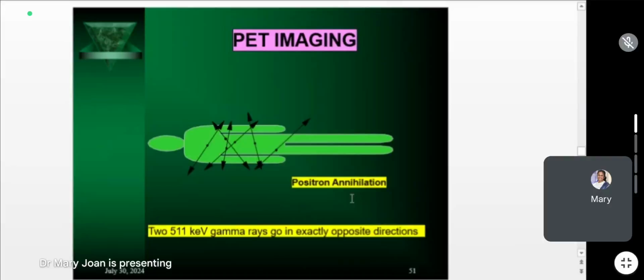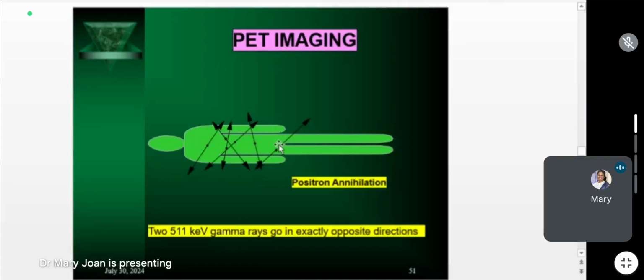So this is what is happening in PET. Once the radio tracer is injected into the patient, radioactivity goes all over the body by the blood circulation. Wherever there is more metabolism taking place, more of the fluorine will get trapped there, and more gamma rays will be emitted from there.